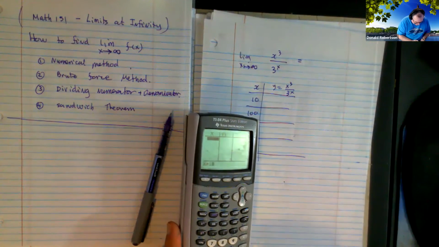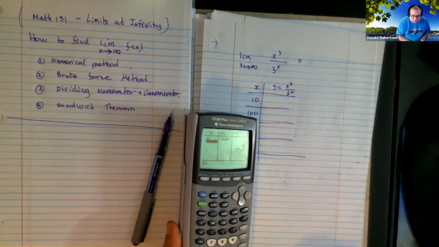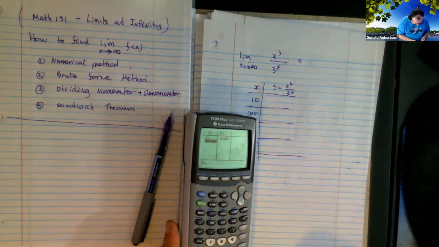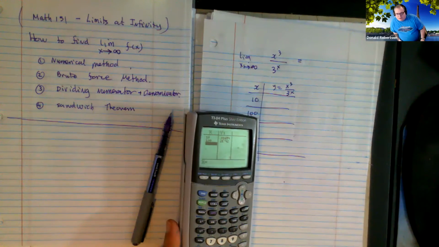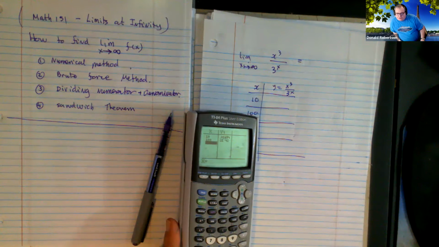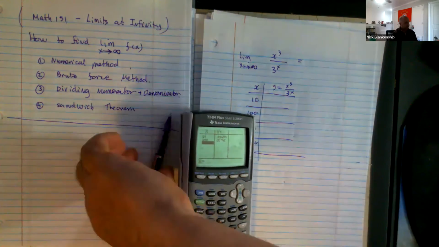If you put in 10, the answer is about 0.016. Put in 100. Oh, we've seen that weird thing before. What does 2e to the negative 42 look like? Isn't it an awful lot of zeros? I don't think I need any more.